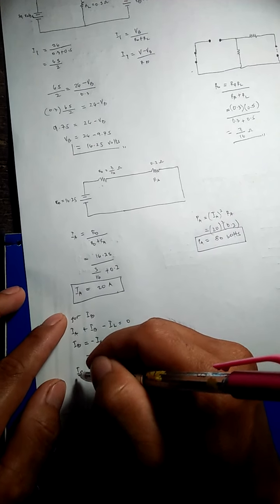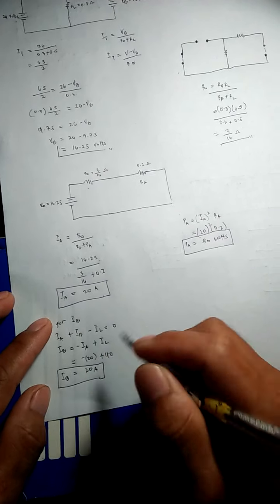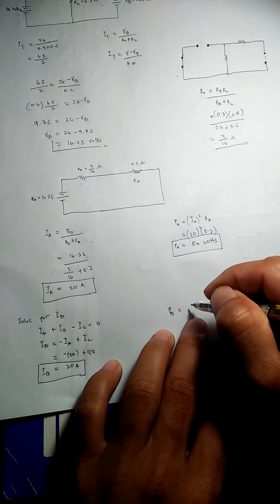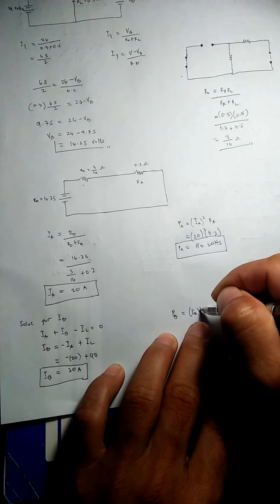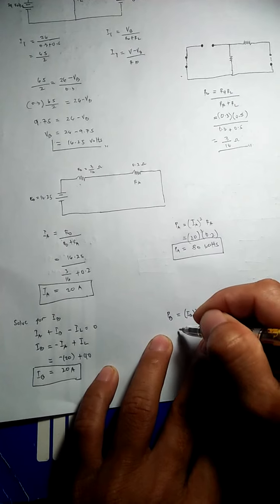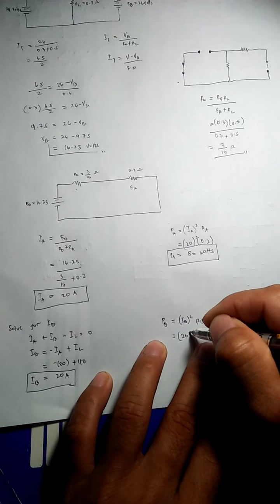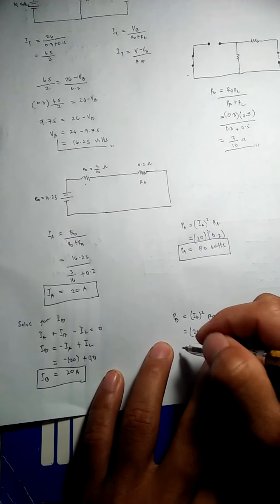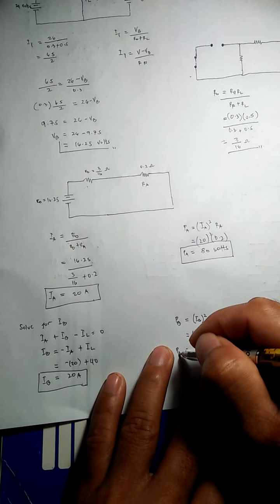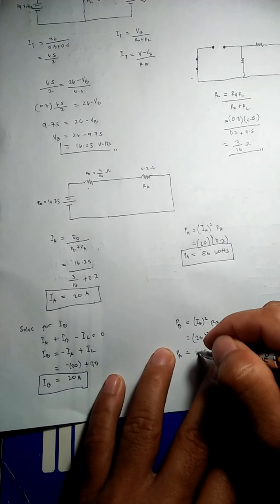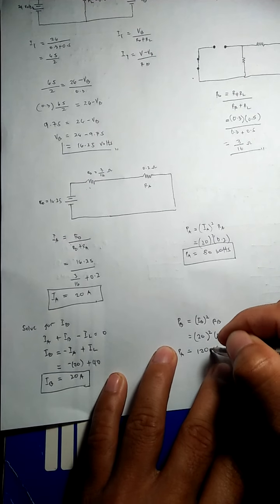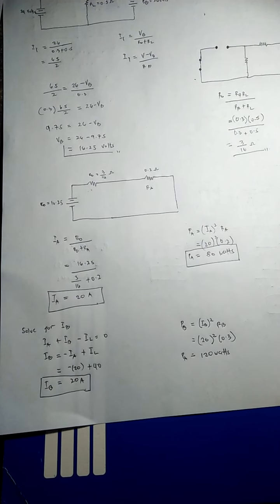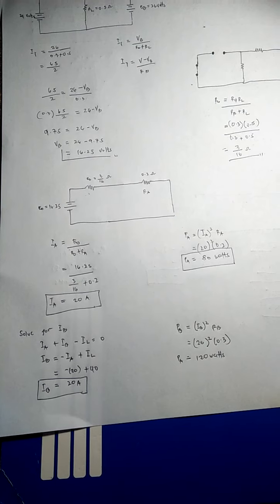So this is our IB. Since we get our IB, we can now solve our PB, which is equal to IB squared RB. Then we have 20 squared times 0.3. So this is our PB, the power for our resistance B. So that is all for Thevenin's theorem.